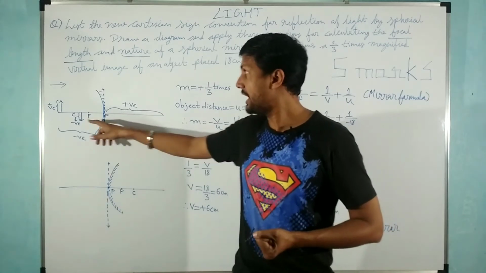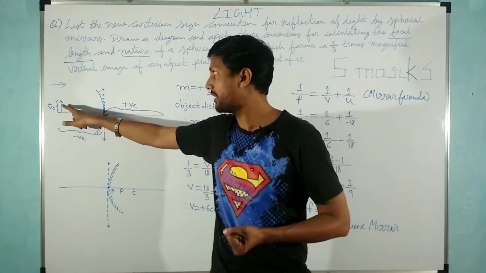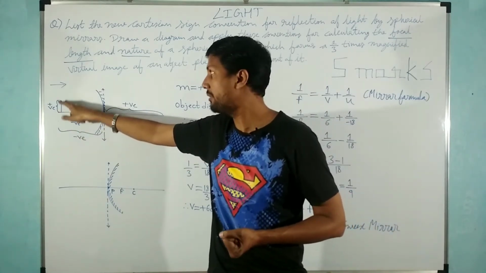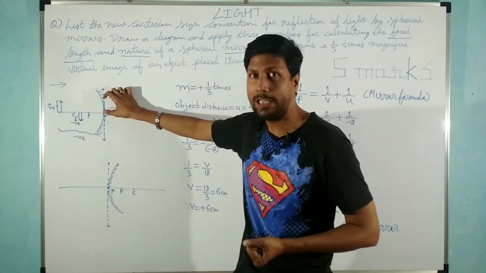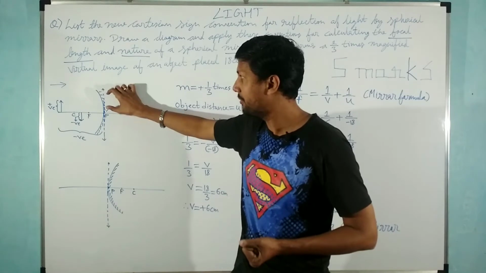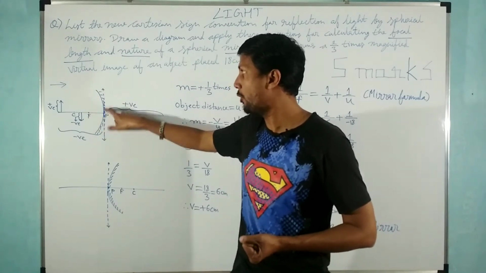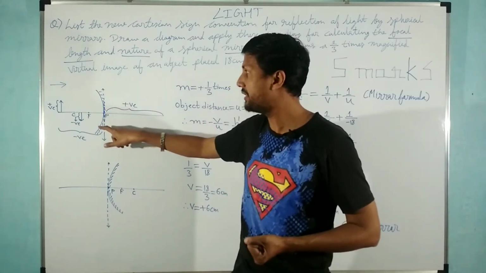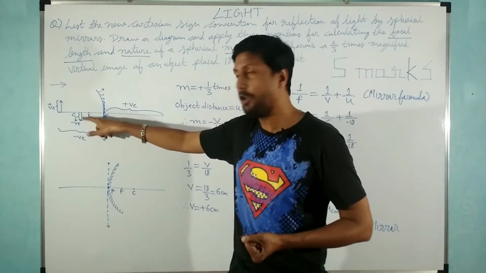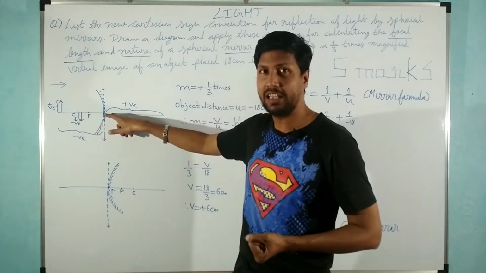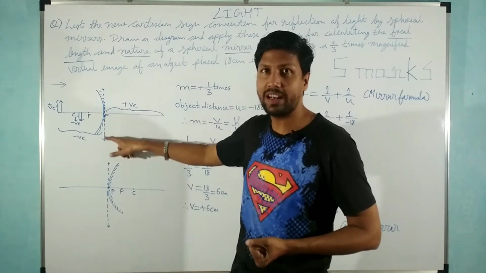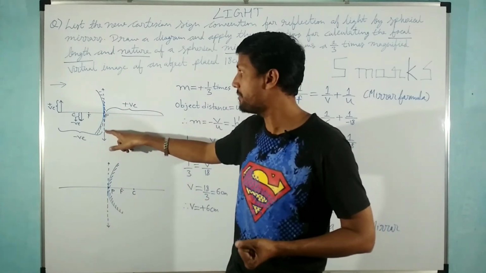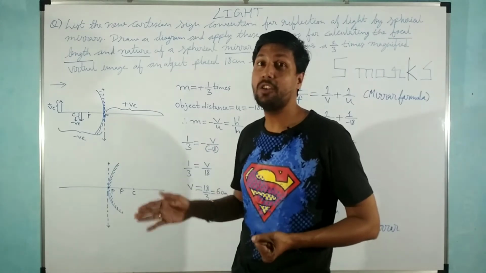If this is the object, the object height will always be positive. Why? Because the y-axis is always positive above the origin, means the part above the pole will always be positive, whereas everything below the pole or the origin will be counted as negative, because here comes the negative y-axis.